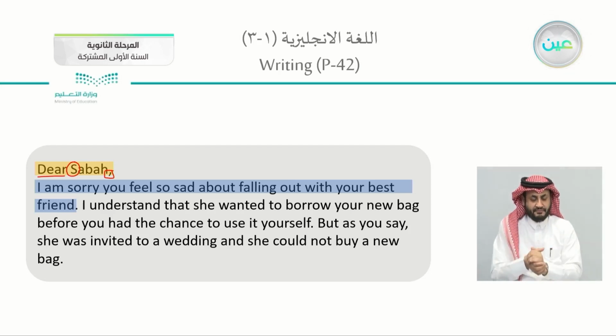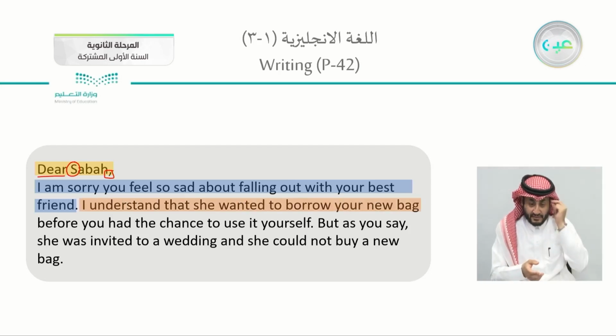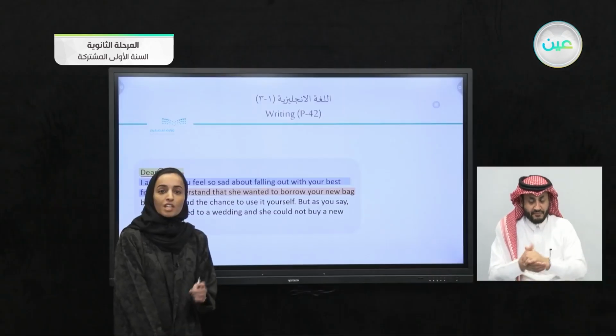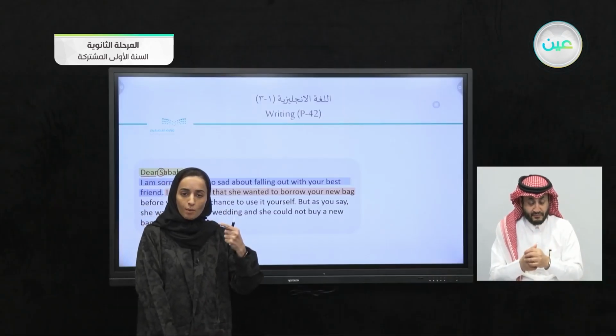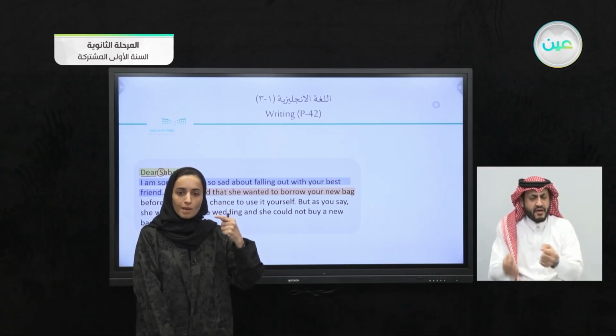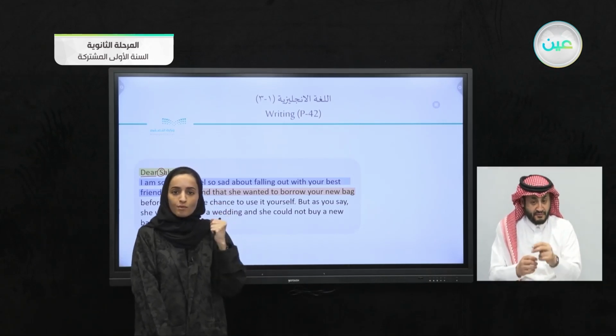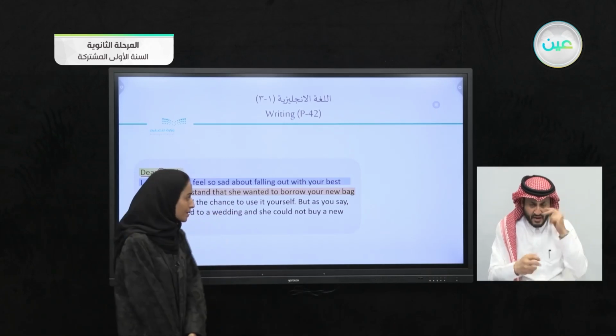She's trying to sympathize with her, telling her that I can feel how you feel. I understand that she wanted to borrow your bag. Now here she's trying to echo the problem, to echo Sabah's letter, to tell her that I have read it and I can feel how you felt.